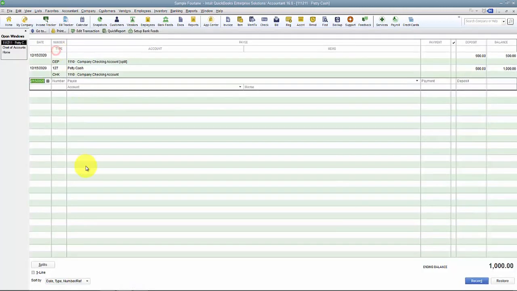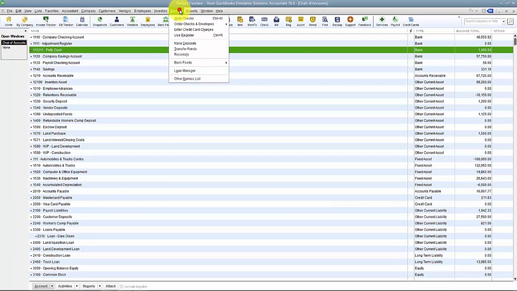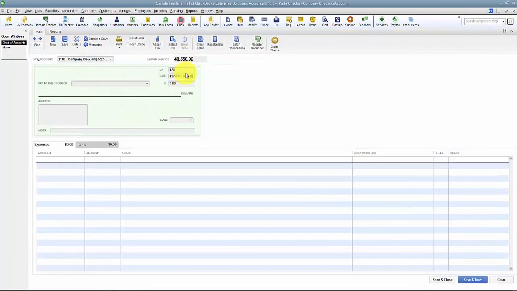Okay, so what happens as I use petty cash? I like just doing this in the register, but because it's a cash transaction, as far as QuickBooks is concerned, you're writing a check. So you can write a check out of petty cash if you want. The benefit of doing it this way is, of course, we have that little attach feature. So Joey comes back with his receipt, his $40 spent on gas.